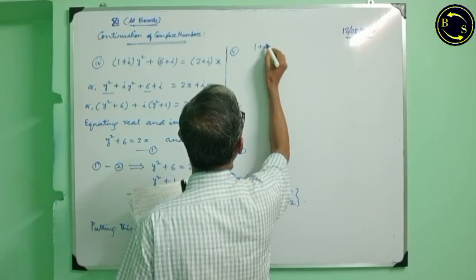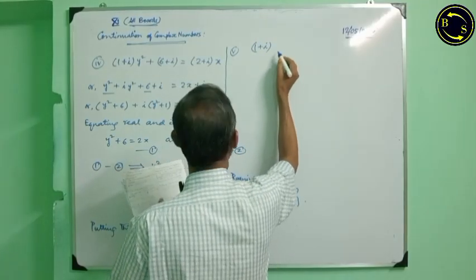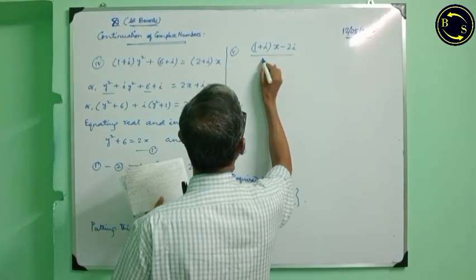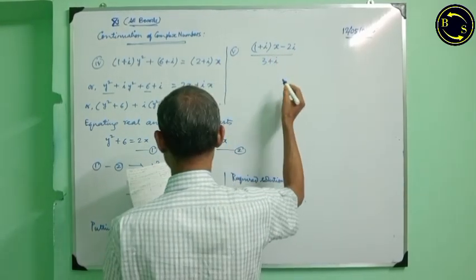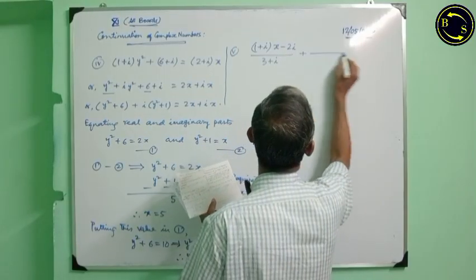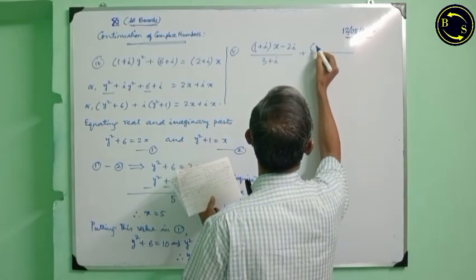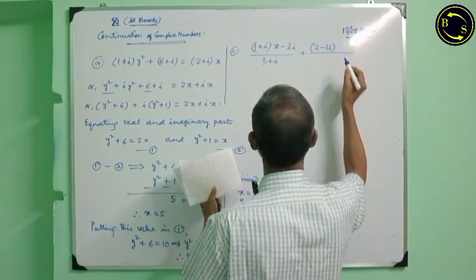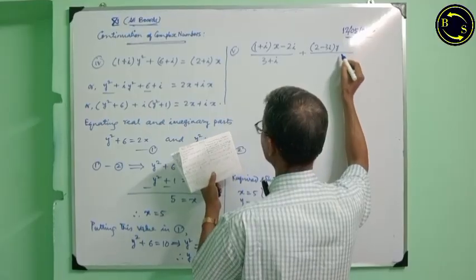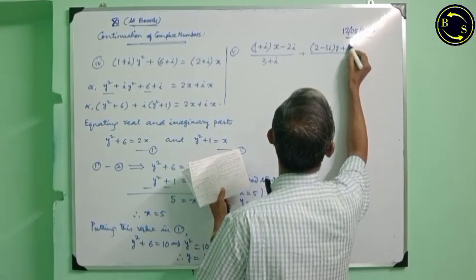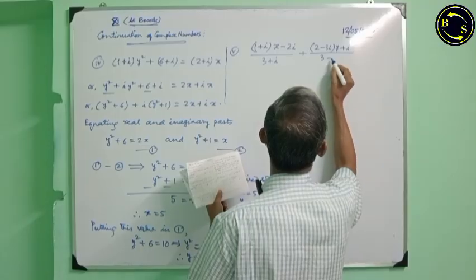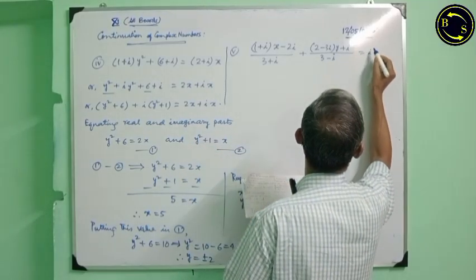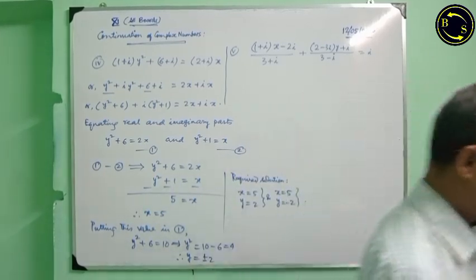1 plus x plus 2 minus 3i into y plus i 3 minus i is equal to i. This is the sum.